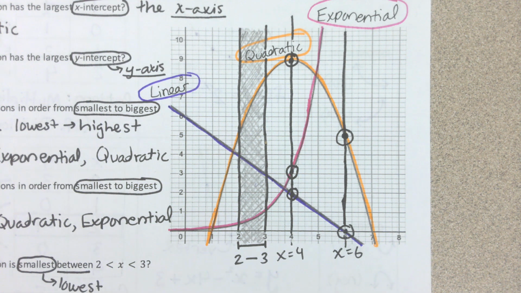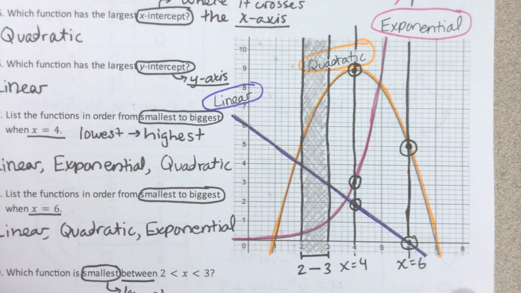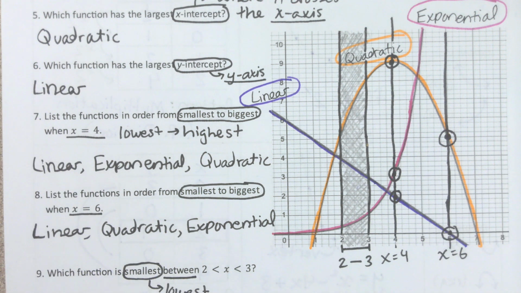The question is, in this shaded region, which function is lowest among the three? Hopefully the shading, the coloring makes this very obvious to answer. Which of the three is lowest? Got a 33.33% chance of getting this right. Which function is it? Yeah?